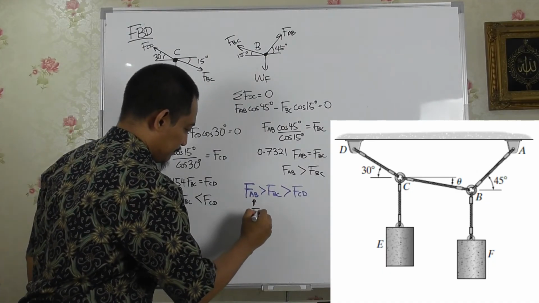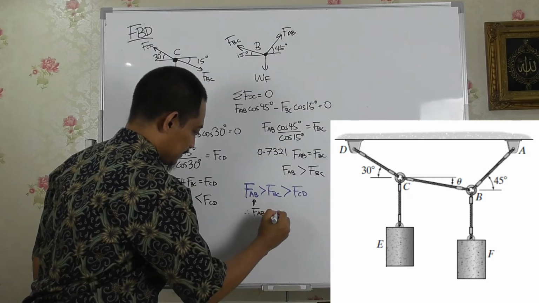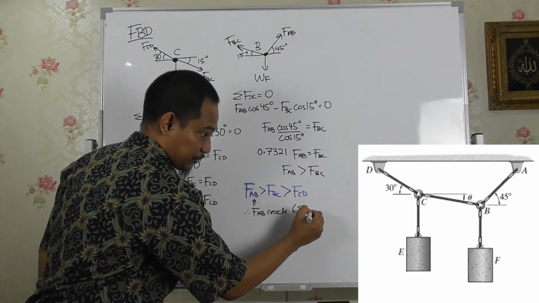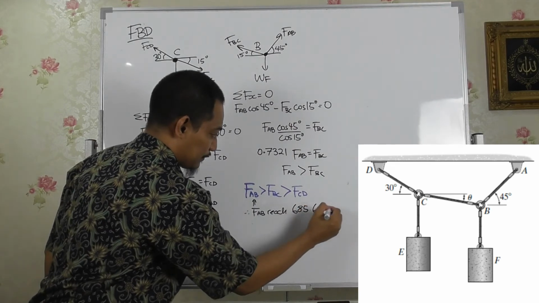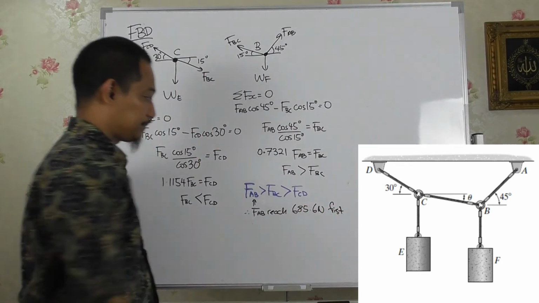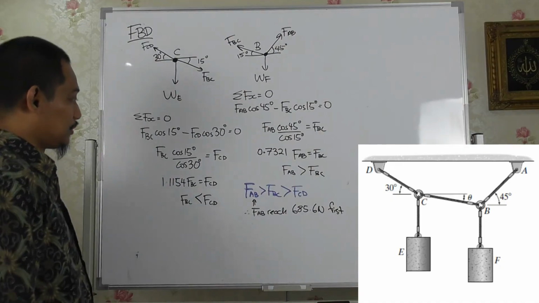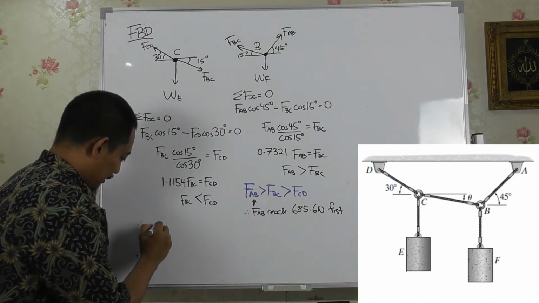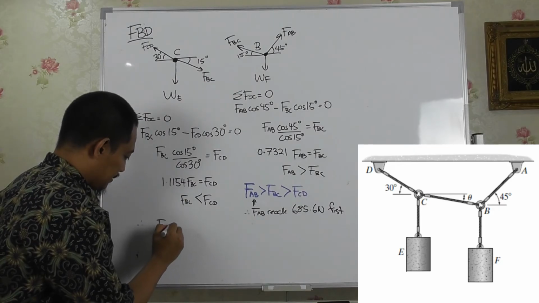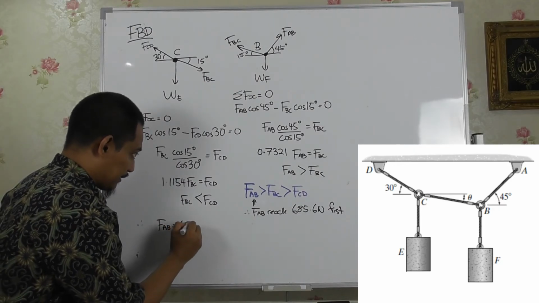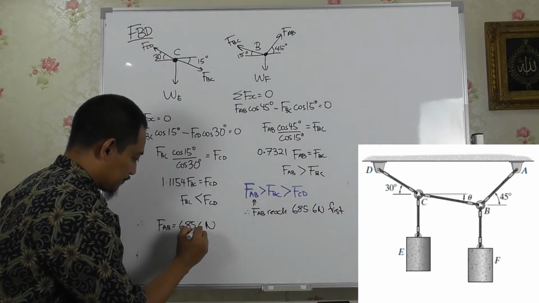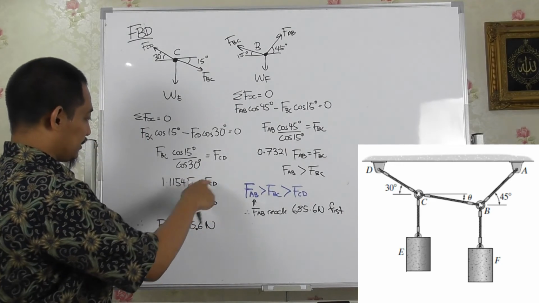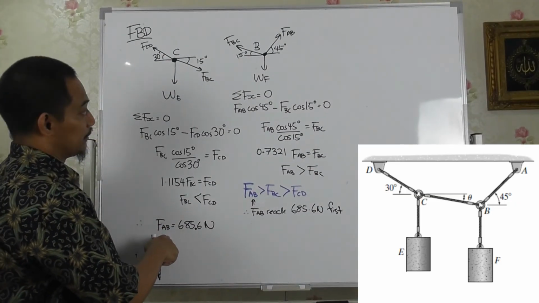So FEB reaches 685.6 Newton first, right? Given that, if I continue here, FEB is 685.6 Newton. So from here, if you know already FEB, okay, where is it?